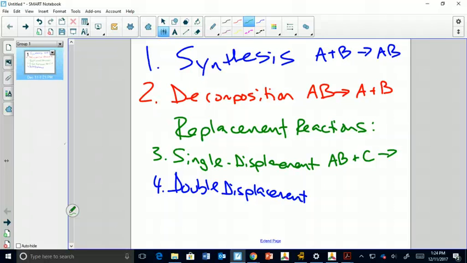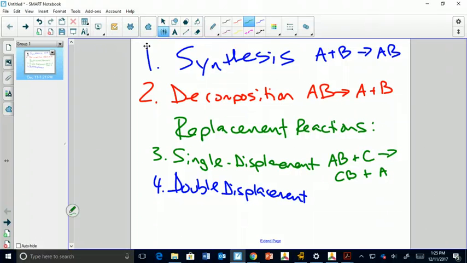So the C would kick out the A, so I would make CB, and then poor A would be all by himself. So this is that couple at school who has been together for a long period of time, and then the new guy shows up. Everyone's like, ooh, that new guy, he's pretty nice. And so the new guy comes, and he breaks up the couple, and he steals the girl. Single displacement reaction. You won't forget it, right?